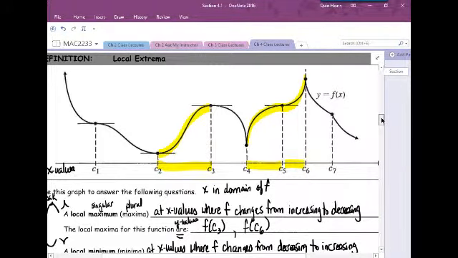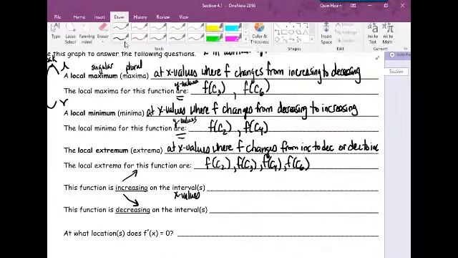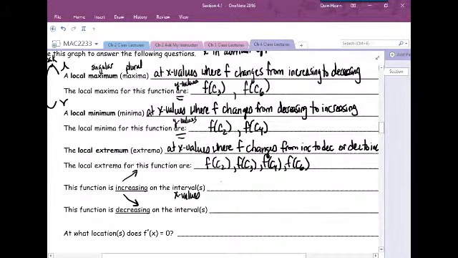So let's write that down. The function is increasing from C2 to C3, from C4 to C5, and then again from C5 to C6.